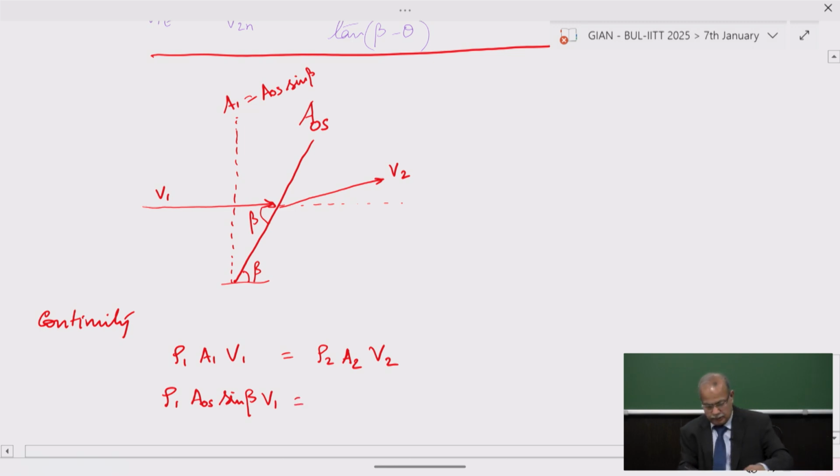Now again, if you look at the flow that is leaving this oblique shock, if the pen is the oblique shock, my hand is this flow direction. Now we can see that this oblique shock area must be resolved to be normal to it. So we are looking at the angle beta minus theta. We want this to be the area A2.